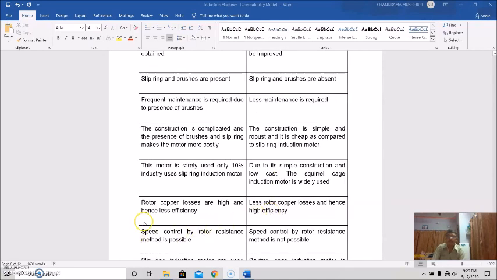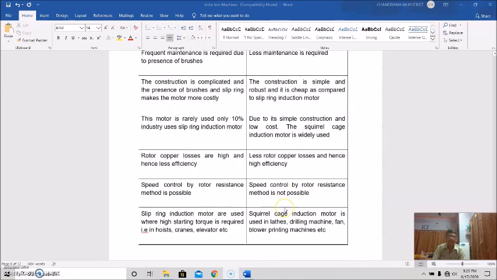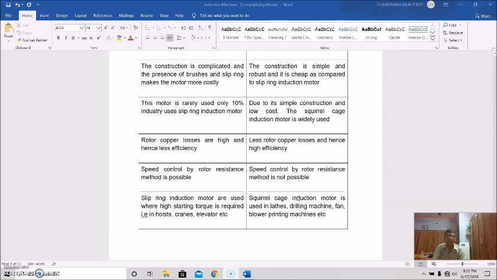In a wound rotor induction motor, rotor copper losses are high and efficiency is less, whereas in a squirrel cage, copper losses are less and efficiency is high. Speed control by rotor resistance is possible for a slip ring induction motor, but it is not possible for a squirrel cage motor because rotor resistance cannot be changed.